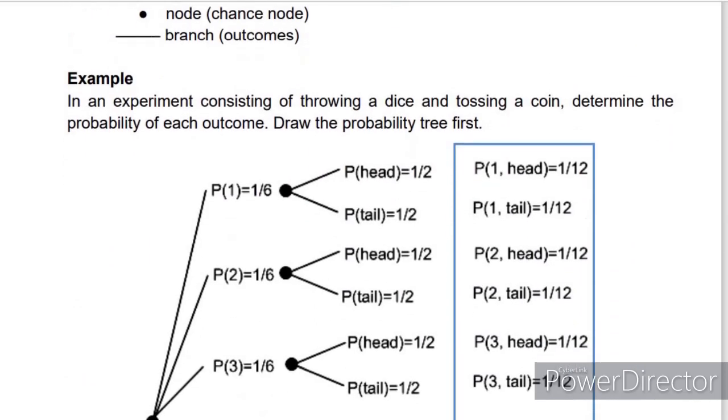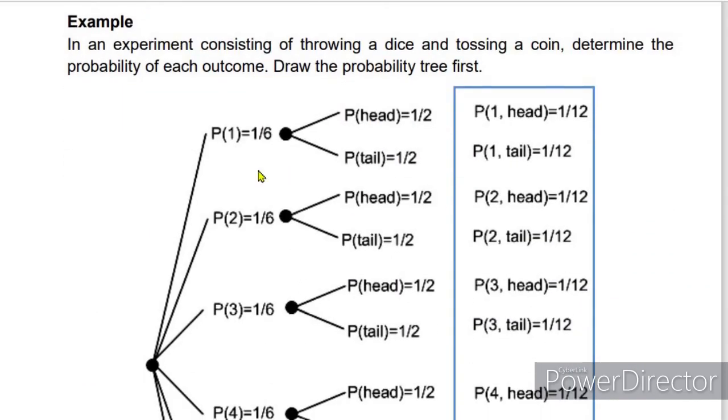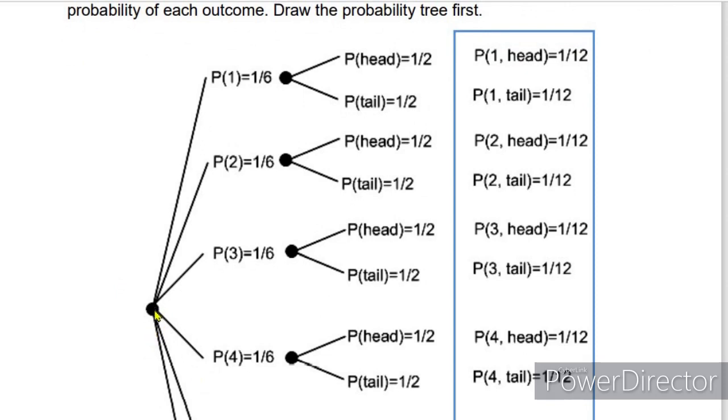So here is the example. If an experiment consisting of throwing a dice and tossing a coin, determine the probability of each outcome. We draw the probability tree first. Okay, so the first node, notice here, and it comes into branches, okay, with the first probability 1 over 6, because 1 outcome over 6 outcomes when you throw a dice.